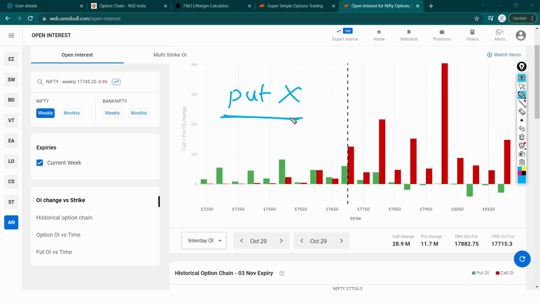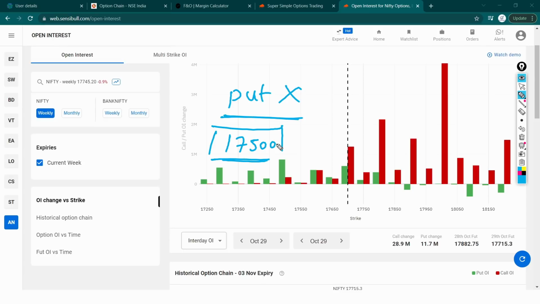In the first place, why would you sell a put option? Why would I sell a 17,500 put option? I would only sell a 17,500 put option if I am expecting the market to end above 17,500. So if I am expecting the market to go below 17,500, will I close my put option?